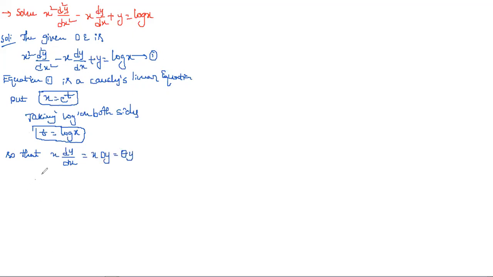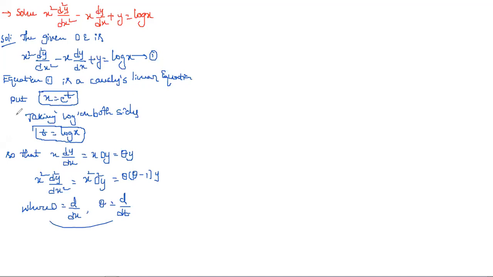And next, x square d square y by dx square is equal to theta into theta minus 1 into y. And don't forget, here D is nothing but d by dx with respect to x, and theta is nothing but d by dt. Only this is the thing we have to apply, and remaining as usual.